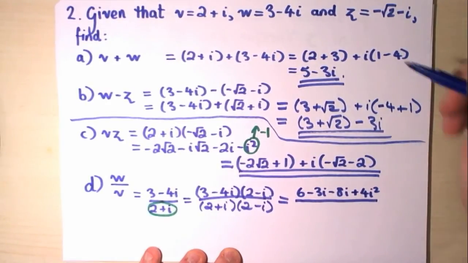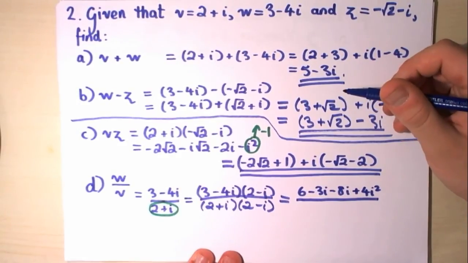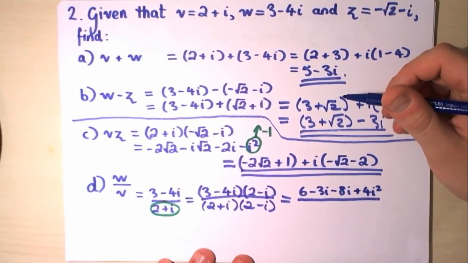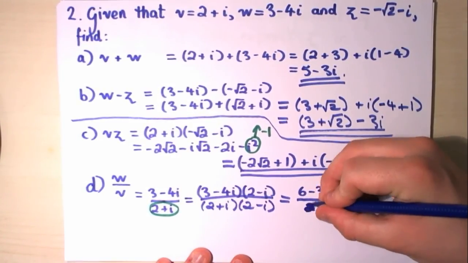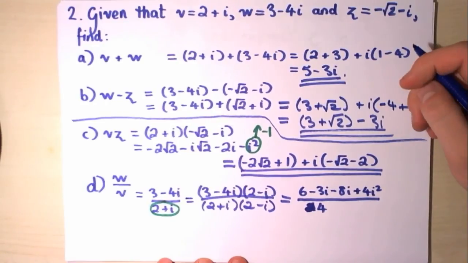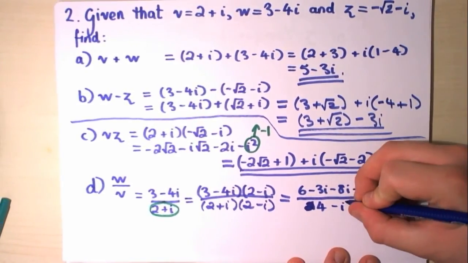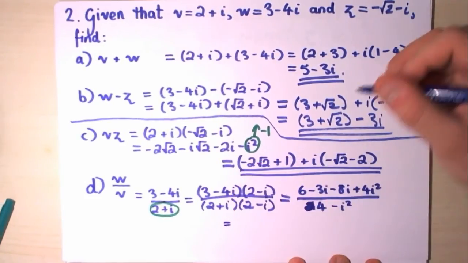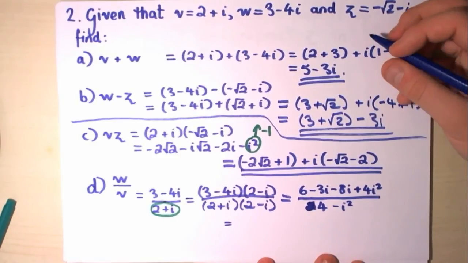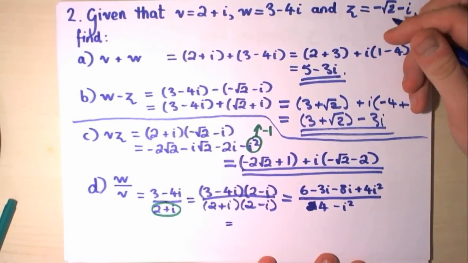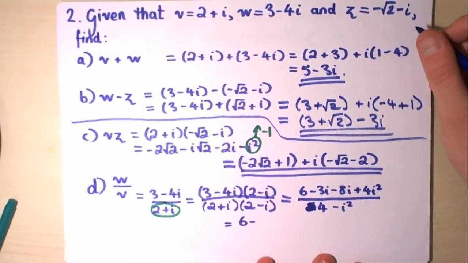And then on the denominator, it's a difference of two squares that would be formed, so we only have to worry about the 2 times 2, which is 4, and then i times minus i, which is minus i squared. If we simplify the numerator and denominator, and use the fact that i squared is minus 1, we can get something simpler and more useful.